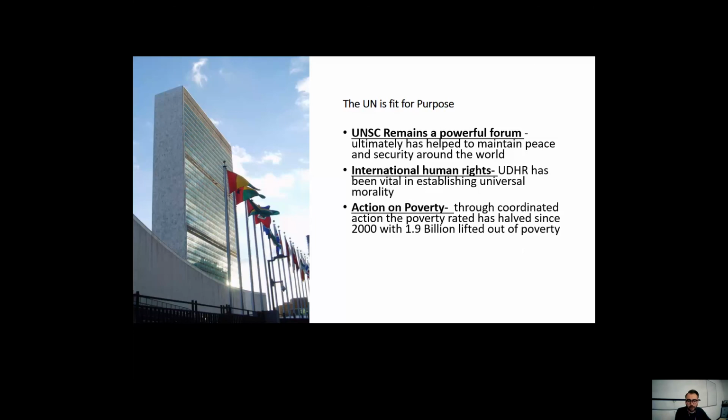Thirdly, what we have to see is we've seen some real action on collective security dilemmas. Action on poverty particularly is really one of the big successes of the UN, set out as one of the key targets of the Millennium Development Goals back in 2000. Since then, we've seen 1.9 billion people lifted out of poverty.